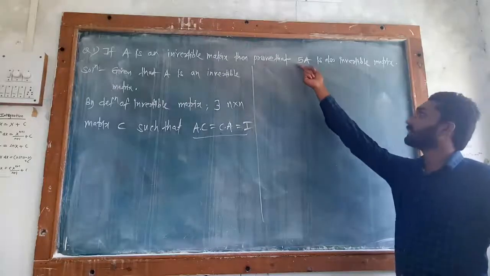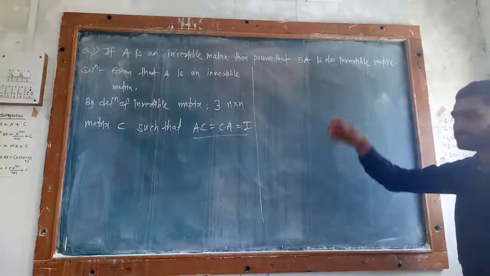Okay? Now we have to show that 5A is also an invertible matrix.